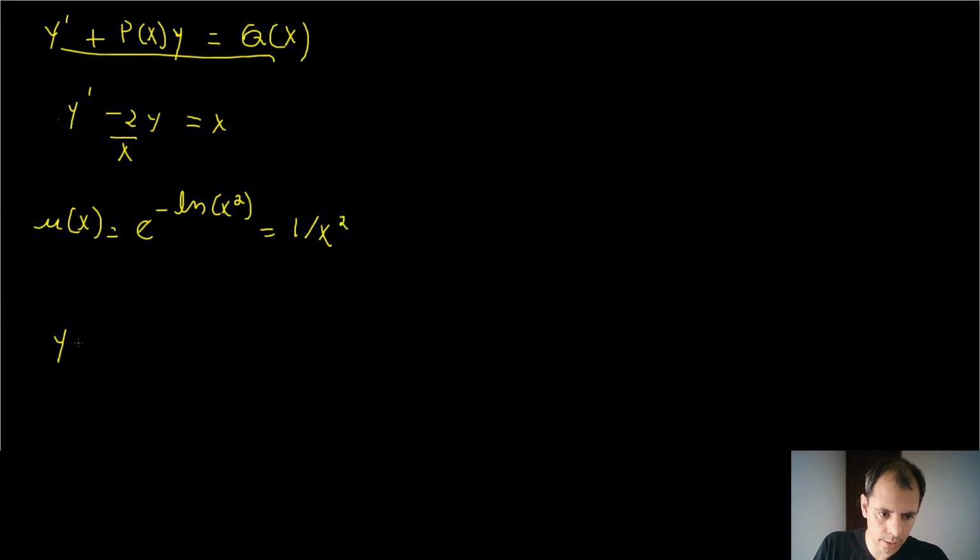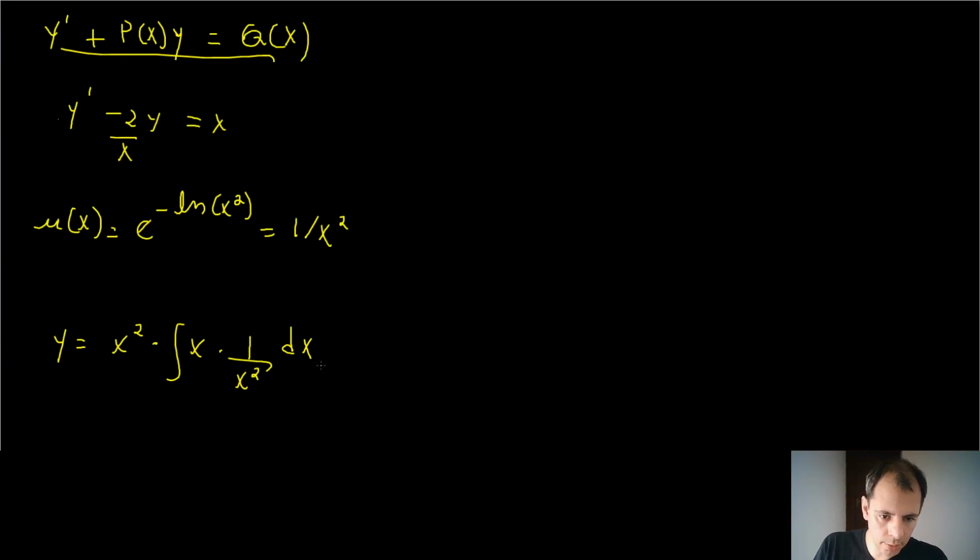So y is going to be equal to 1 divided by u of x. So it's 1 divided by 1 divided by x squared. So the whole thing is going to be x squared times the integral of q of x, which is x, times u of x, which is 1 divided by x squared, dx. All right?